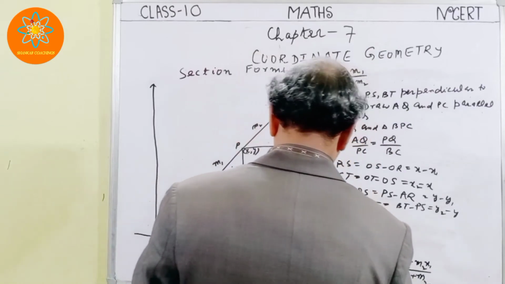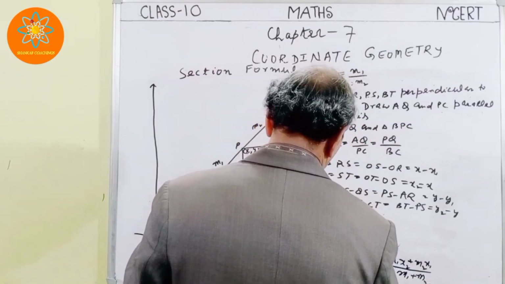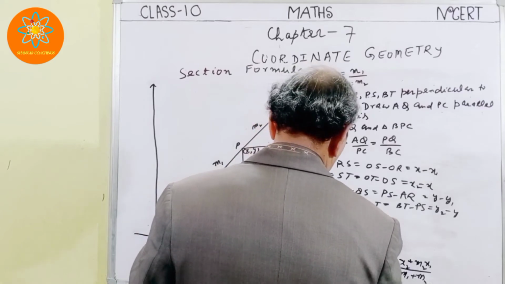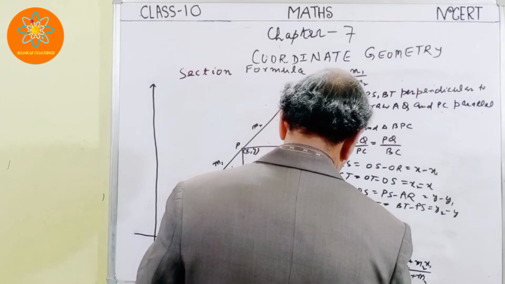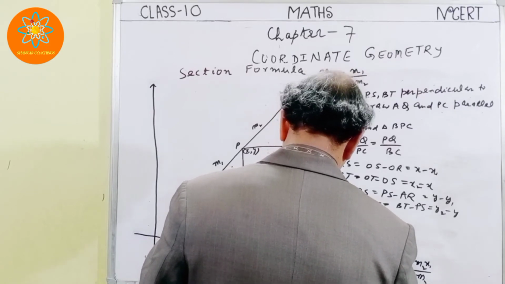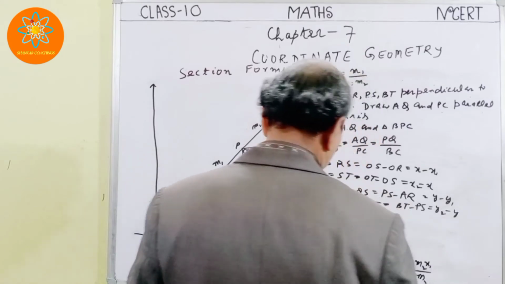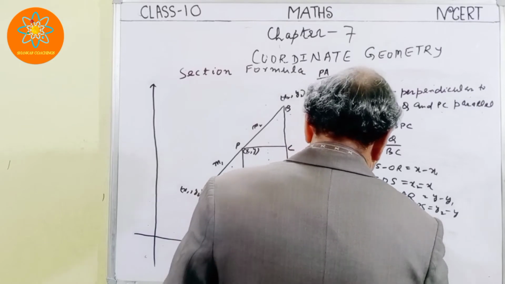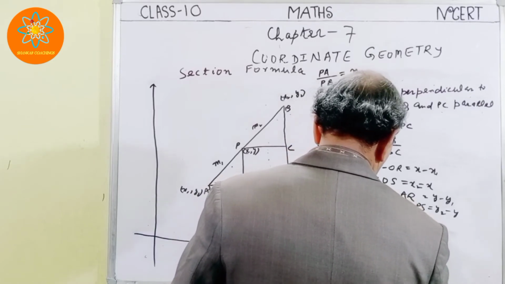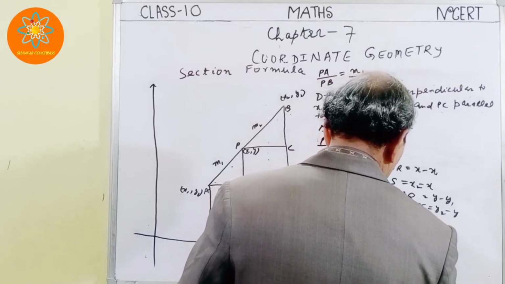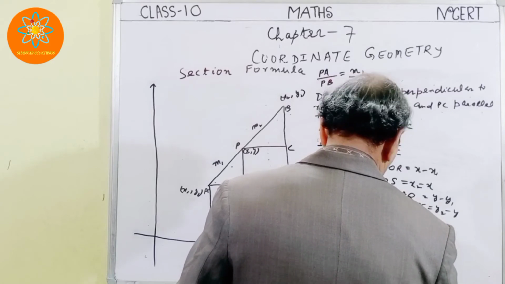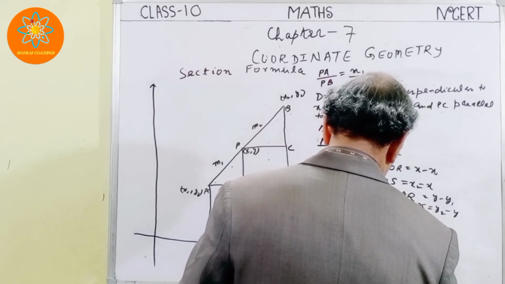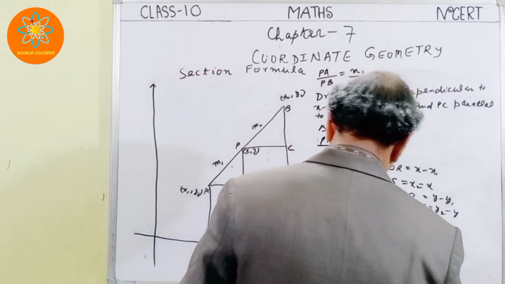That is your M1 by M2 is equal to Y minus Y1 divided by Y2 minus Y. Then you will see the value of Y is equal to (M1 Y2 plus M2 Y1) divided by (M1 plus M2).